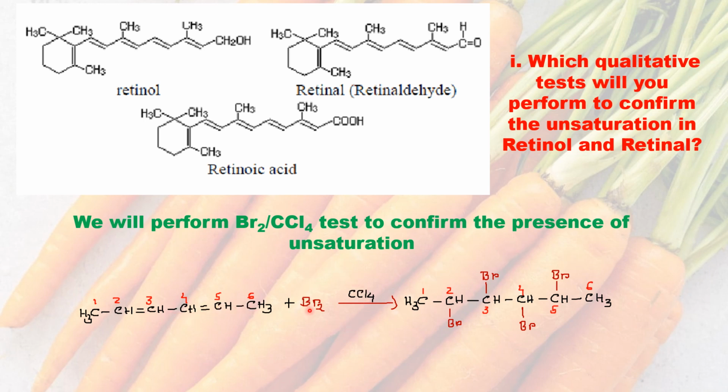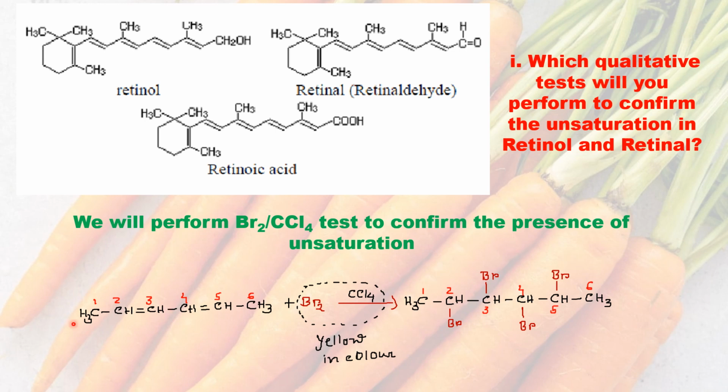Now if we add bromine in carbon tetrachloride, which is yellow in color, to the solution of this compound, which is colorless, the yellow or deep orange color slowly changes, because bromine undergoes an electrophilic addition reaction with the double bond.